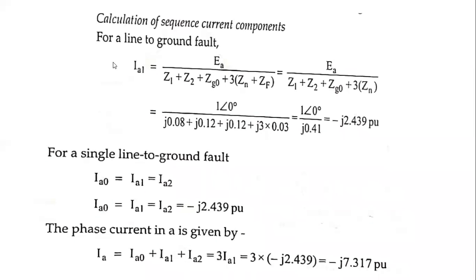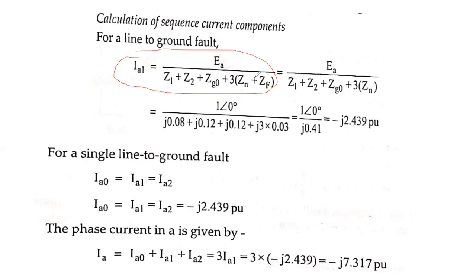What is the formula for fault current when the fault is line to ground? IA1 is equal to EA divided by Z1 plus Z2 plus ZG0 plus 3 Zn plus Zf.